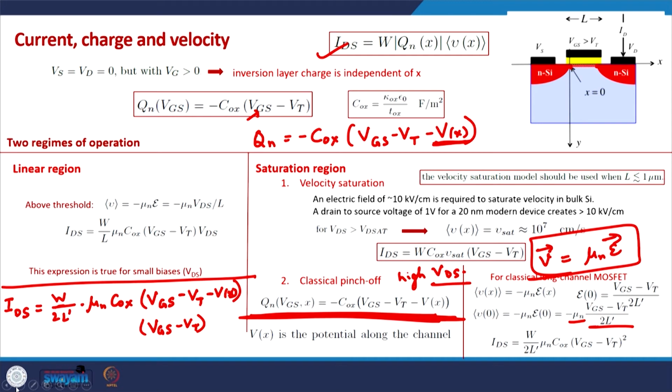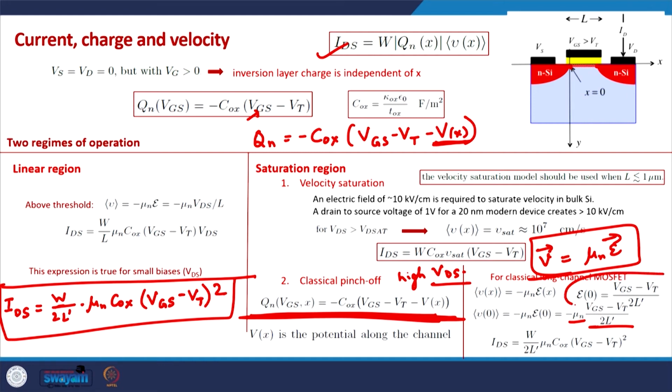And since we are considering the velocity just at the beginning of the channel, this Vx will be 0 at that point. So, this can be removed from here. And finally, Vgs minus Vt times Vgs minus Vt becomes Vgs minus Vt square. So, what we will eventually have is Vgs minus Vt square. So, this will be the current in the saturation regime because of the classical pinch off.